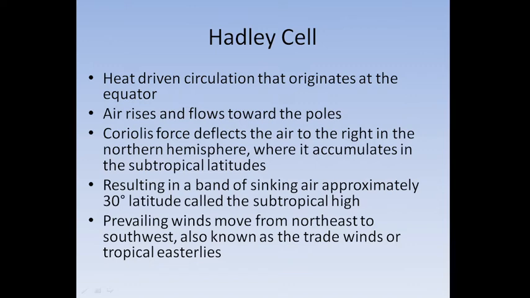Air rises and flows toward the poles. Coriolis force deflects the air to the right in the northern hemisphere, where it accumulates in subtropical latitudes, resulting in a band of sinking air at approximately 30 degrees latitude called the subtropical high. Prevailing winds move from northeast to southwest, also known as trade winds or tropical easterlies.